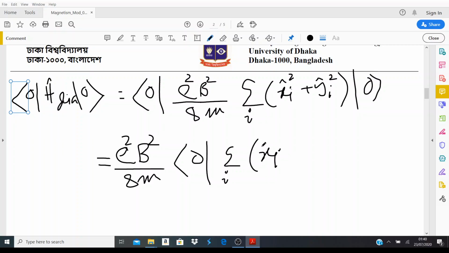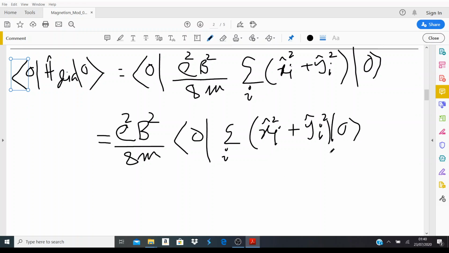We put this bit in between the bra and the ket because these are operators, so we cannot bring them out. They will operate on these states. That's how we write the expression.